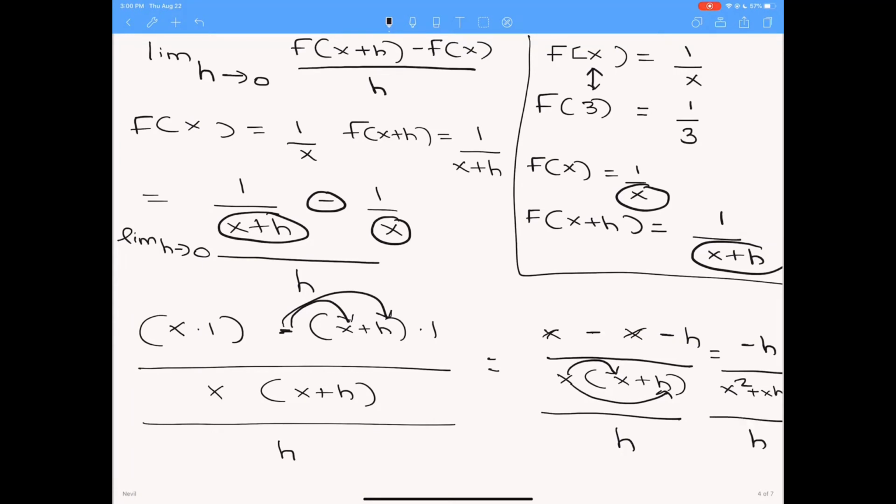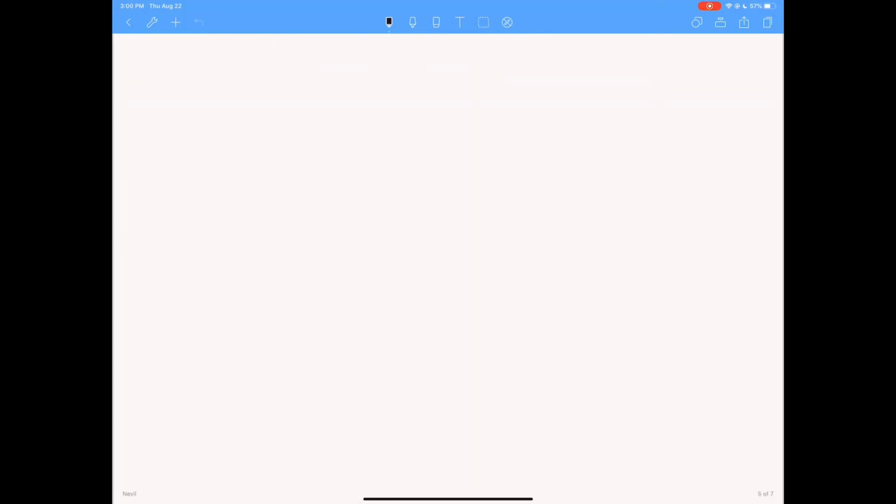So moving on with this, I'm just going to write it onto another page. So I have negative h divided by x squared plus xh, divided by h. Now, a fraction like this can be written as h divided by 1, because 1 is actually supposed to be there imaginarily.